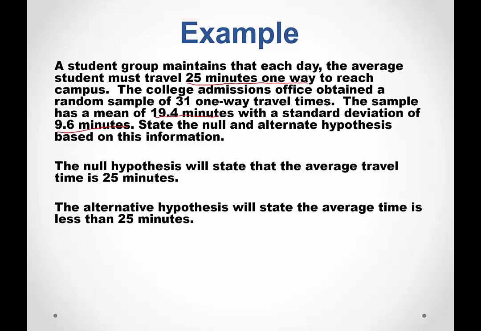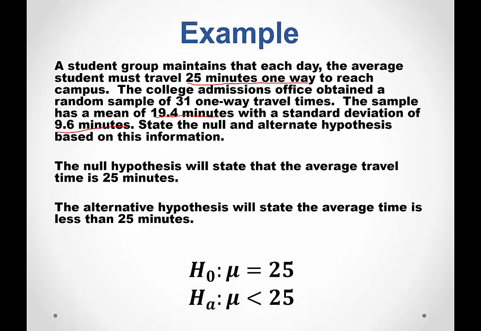And that is that the travel time is actually less than 25 minutes, because in their sample they came up with 19.4 minutes as an average based on their sample of 31. So they're going to contend that the travel time is really less than 25 minutes for their campus.